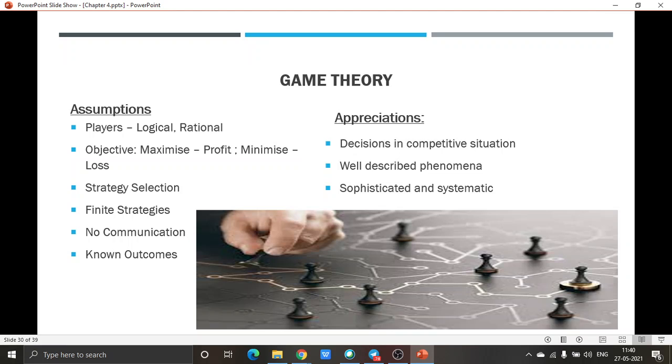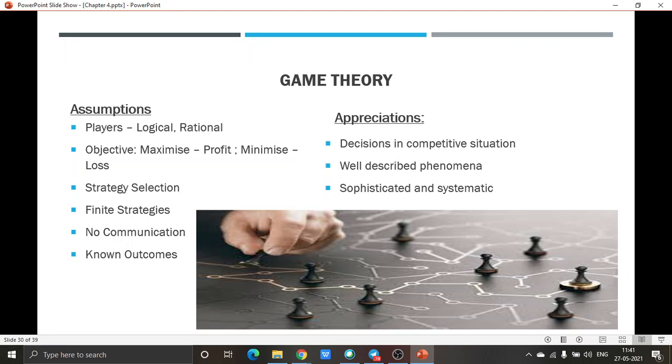The assumption regarding strategy selection is that the player shall always choose the strategy which is suitable for him or her, and the game is always repetitive in nature. The next assumption is that no matter how many strategies there are, they are finite in number. That is, the strategies that could be selected can be listed; there is an end to the number of strategies.